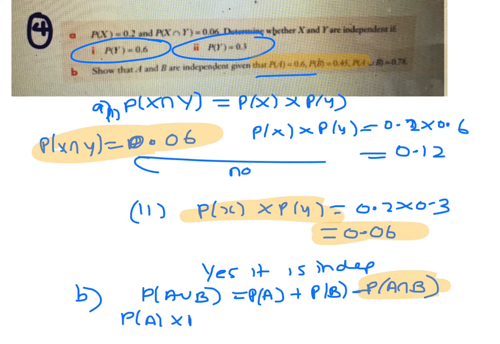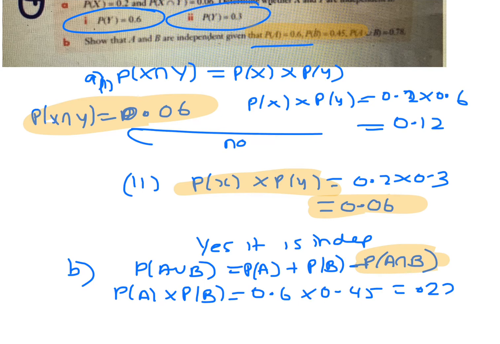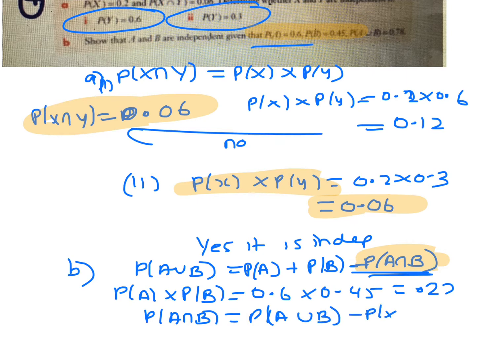So the probability of A times the probability of B equals 0.6 times 0.45, which is 0.27. And then if we look at the other part, the probability of A and B happening together, you can find the probability of A intersection B by solving for this one here. So that's A union B minus, plus the probability of A plus the probability of B.